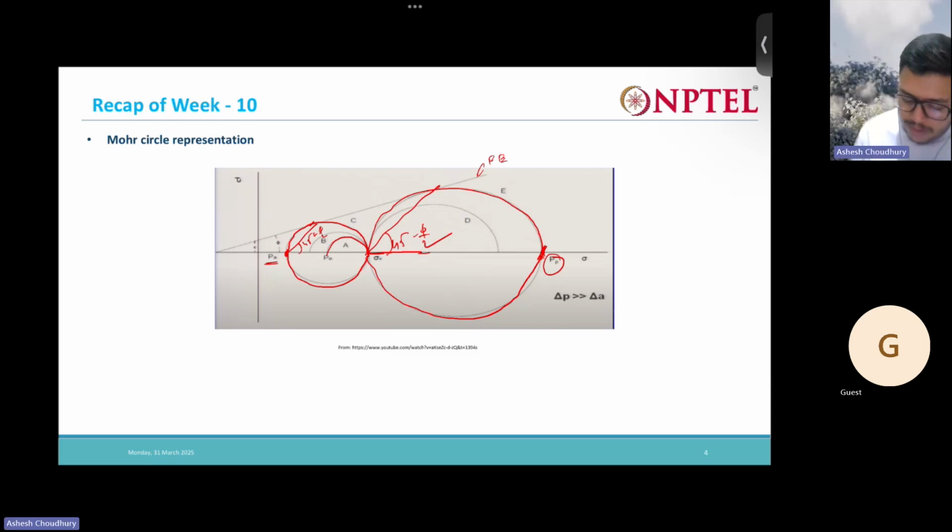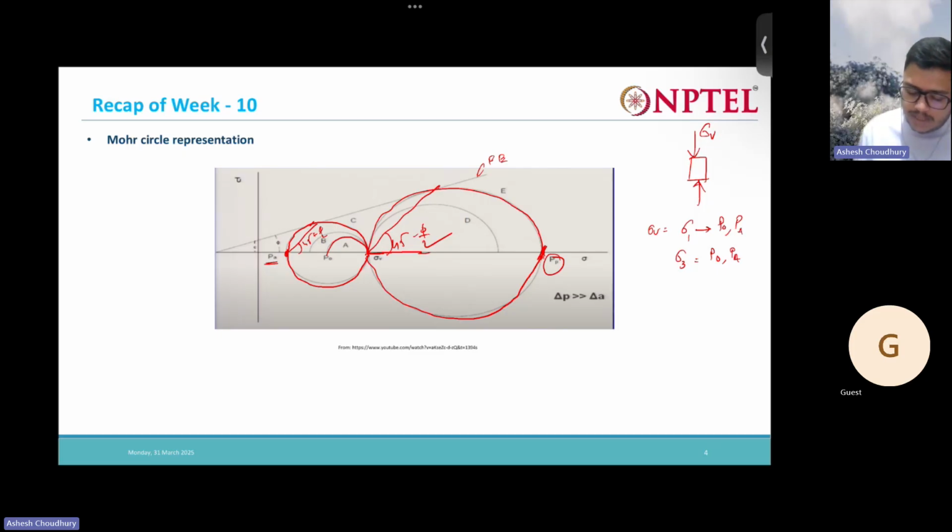So how do you get this? First say you have the vertical stress that is acting. Now this vertical stress is nothing but my sigma 1 in case of my P naught and my active earth pressure. And what is my sigma 3? Sigma 3 is nothing but my P naught or PA.